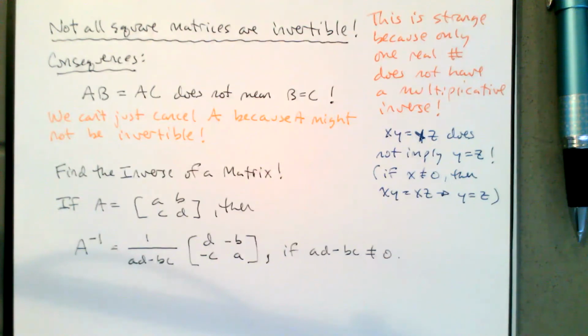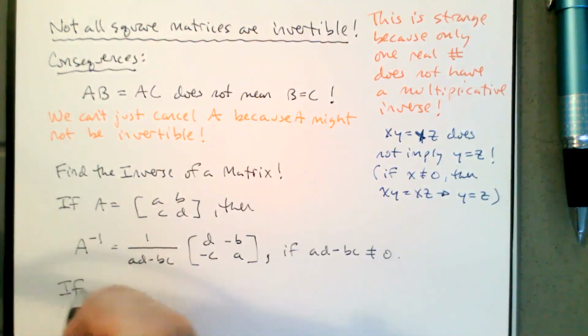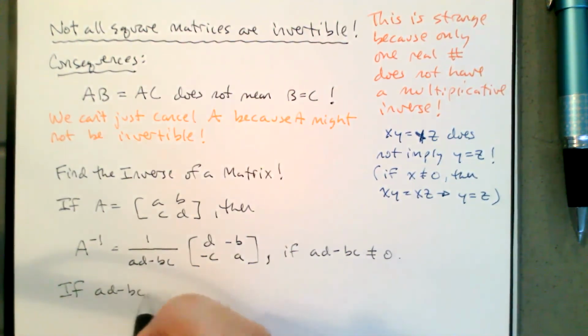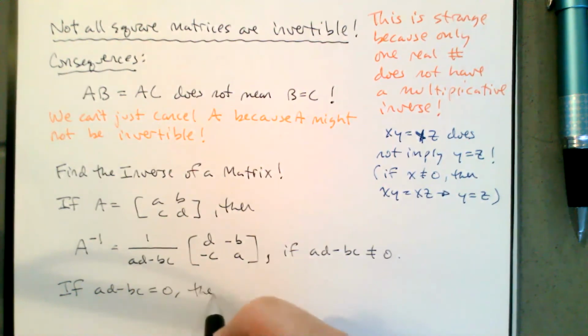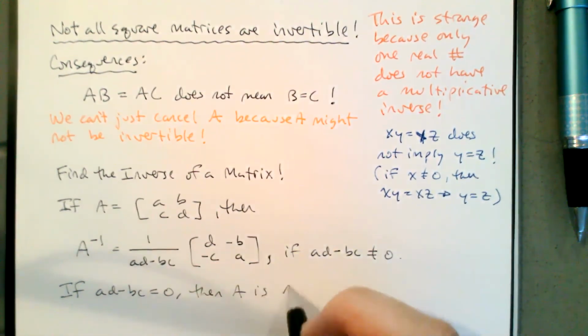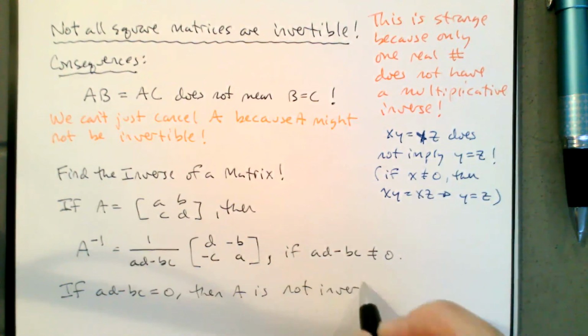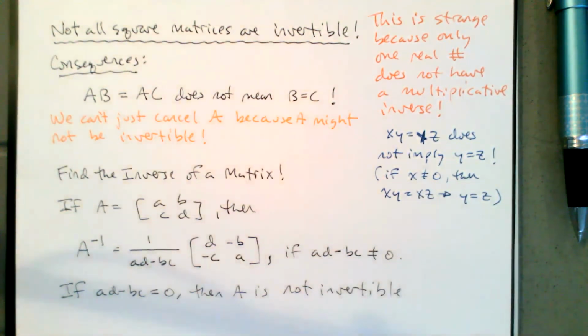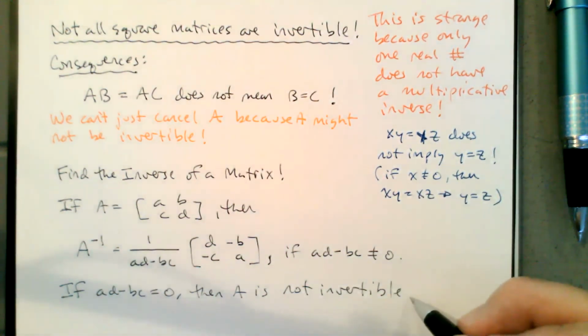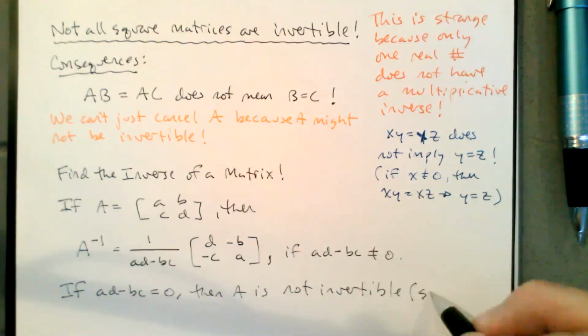So if we have a 2 by 2 matrix, here's how we find the inverse, if AD minus BC is not 0. If AD minus BC is equal to 0, then A is not invertible. Another word for not invertible is singular.